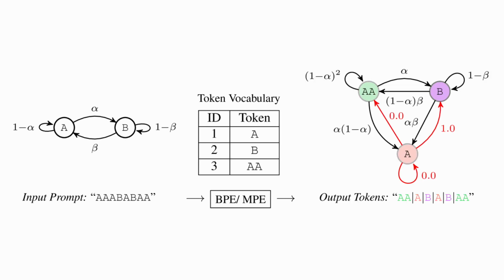The idea is that tokenization changes our original two-state Markov chain into the following three-state Markov chain. Notice the red arrow, where from token A we can only sample the next token as B. This is because tokenization always merges two A characters into one single double A token.